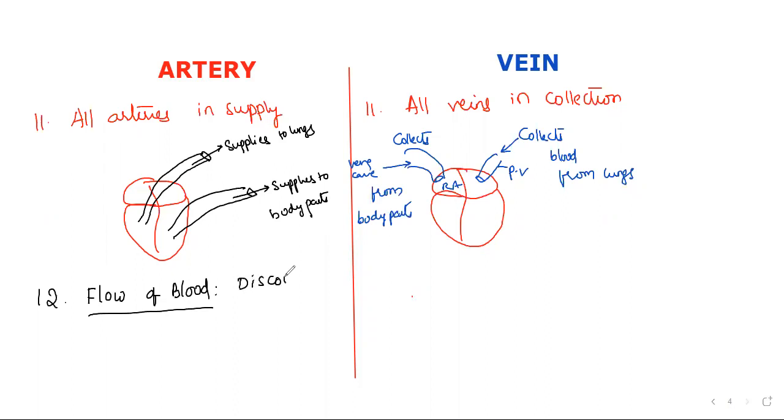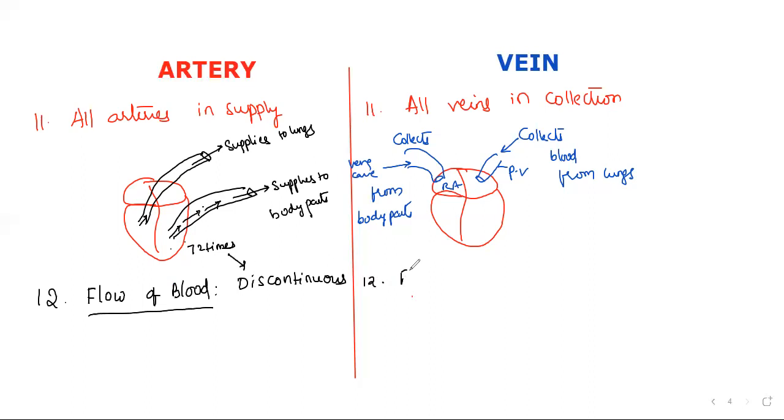Discontinuous. Why? 72 times it is discontinuous. Whenever contraction occurs, blood flow occurs. During relaxation it is going to be slower. So this is discontinuous 72 times per minute.